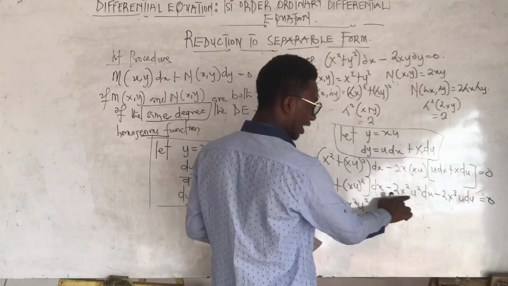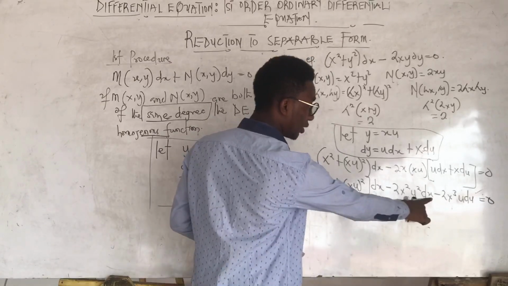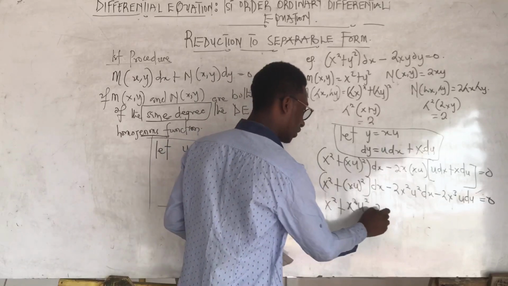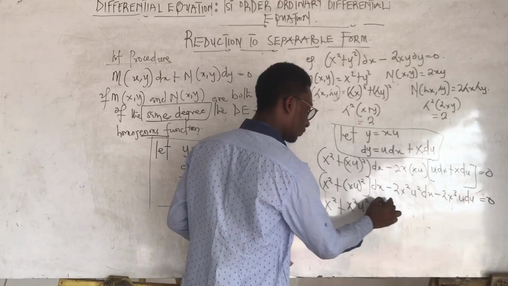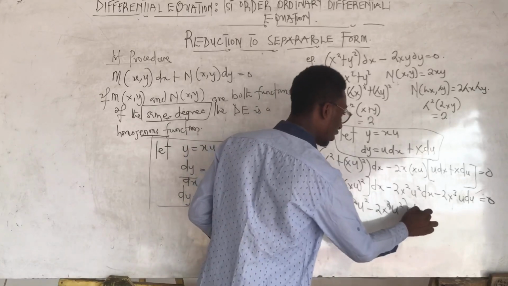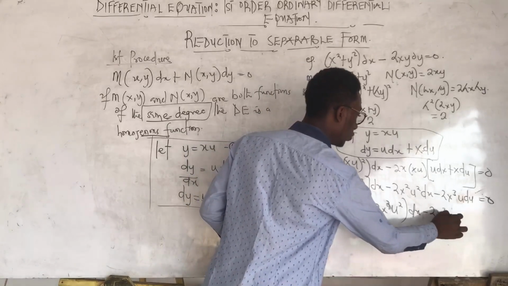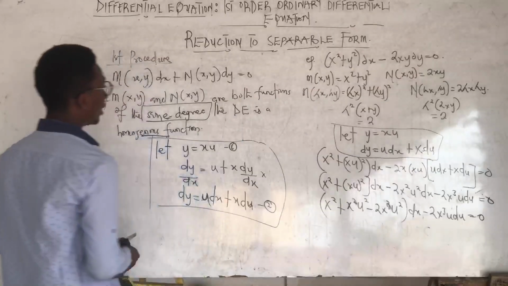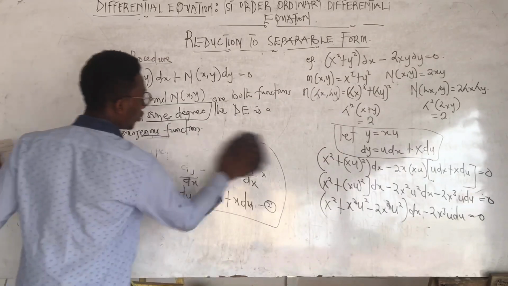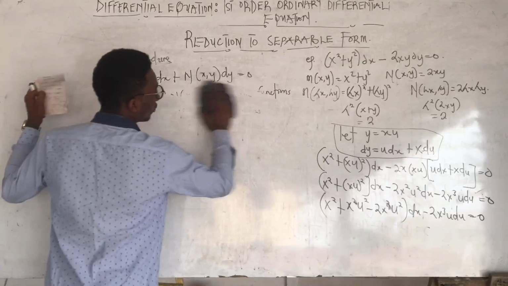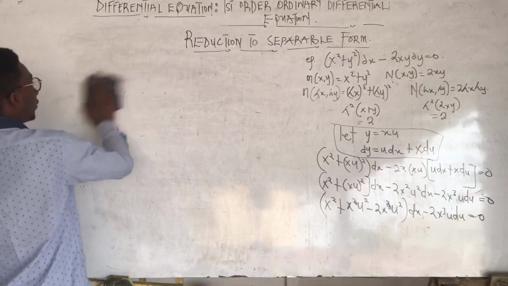And because this is x squared u squared, we can bring it with respect to the dx, bring it to this part together, and we get minus 2x squared u squared dx, minus 2x cubed u du is equal to 0. Alright, so let me clean this side and let's continue from this side. It's a very long procedure of solving.